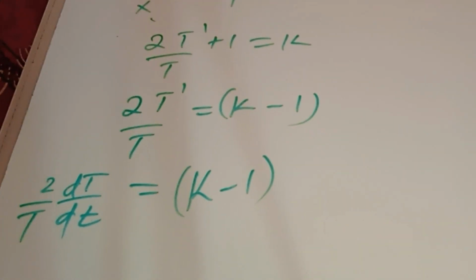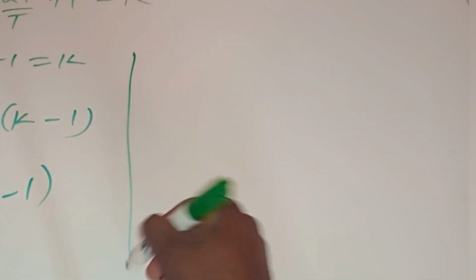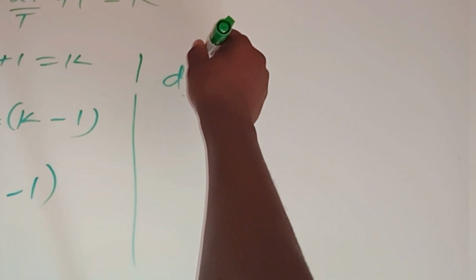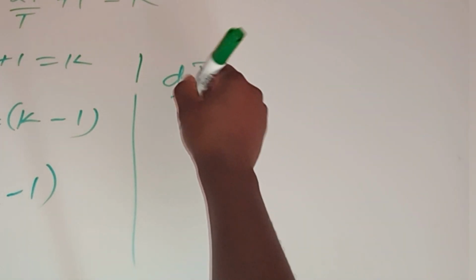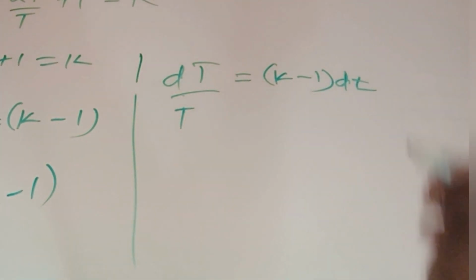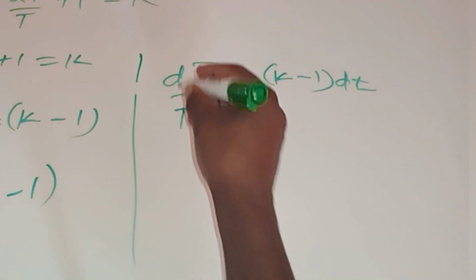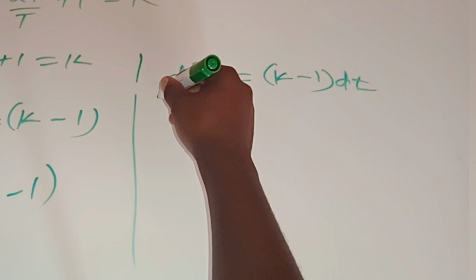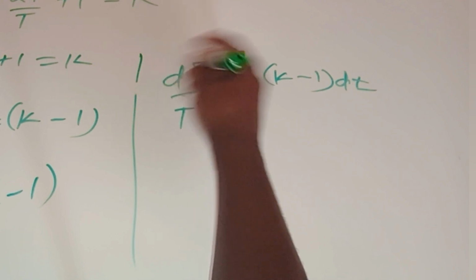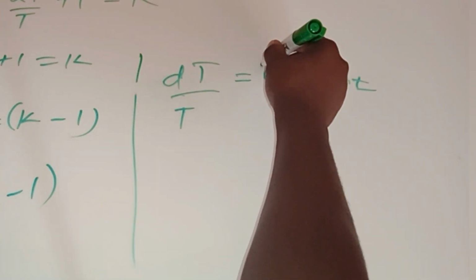So we separate the variables, multiply by dt on both sides, and you will remain with 2 dt over t is equal to k minus 1 dt. Okay. And you have to divide by 2 on both sides, so half.